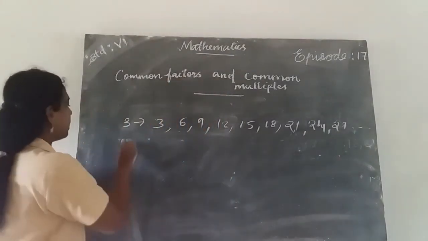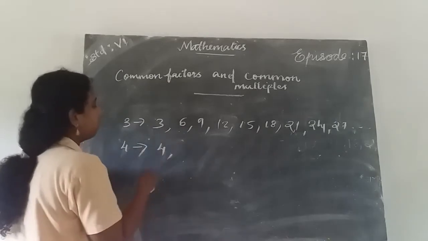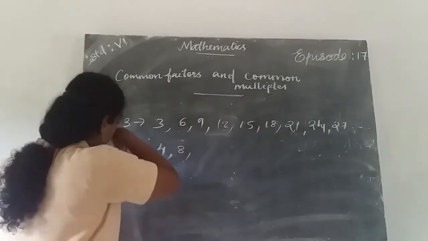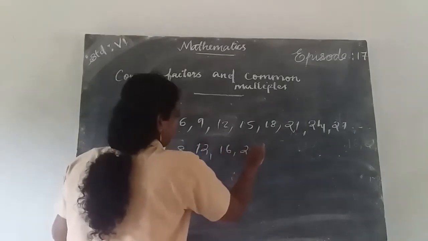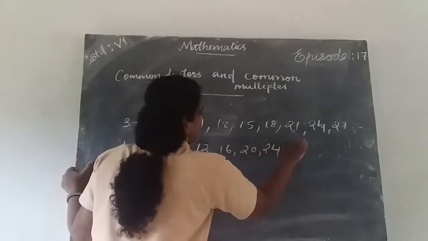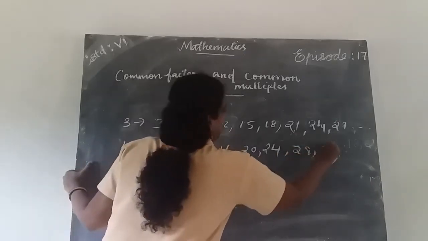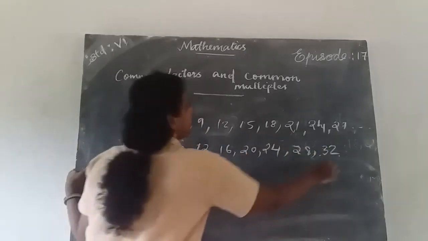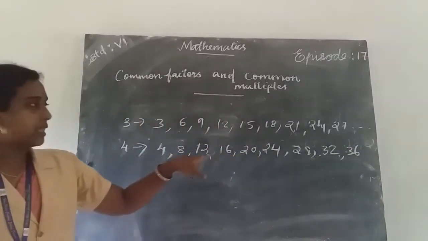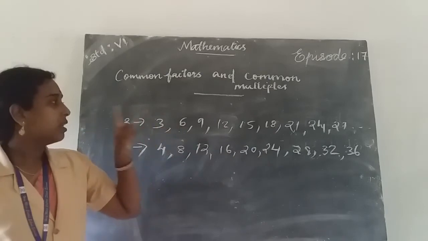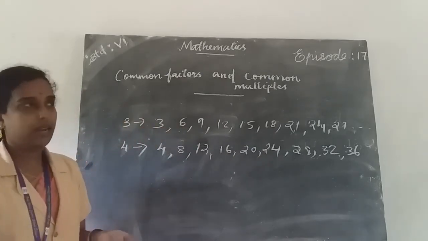Then you write the multiples of 4 less than 100. Like 1 4 is 4, 2 4s are 8. Like this, you should write multiples of 4 less than 100.